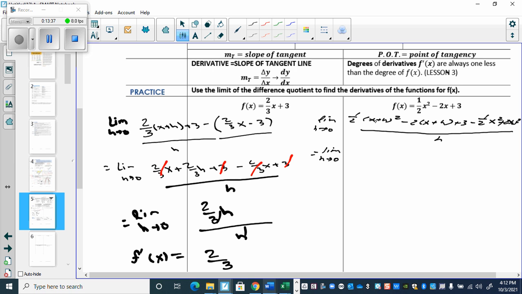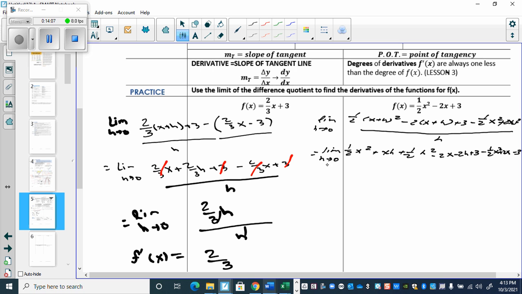So I'm going to go ahead and simplify this quadratic here. So I have 1/2 x squared plus, let's see, xh plus 1/2 h squared minus 2x minus 2h plus 3. I have minus 1/2 x squared plus 2x, and that's a minus 3.